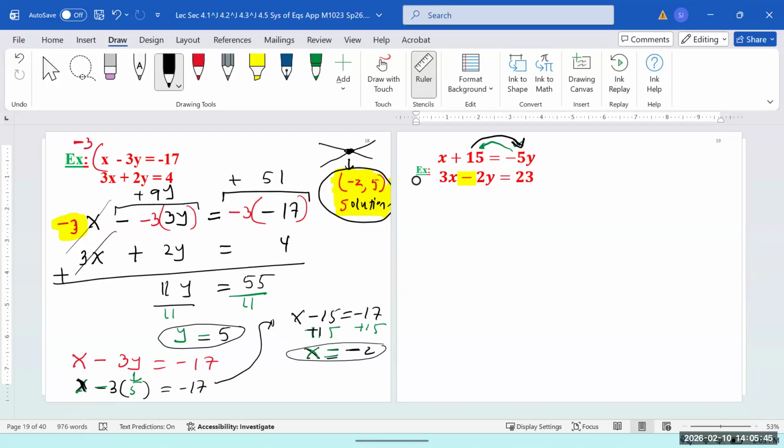Okay, so we have negative 3x minus 5y equals 45. And then we have 3x minus 2y equals 23. So they cancel out. Right, so you have plus 5y and then minus 15. Oh, no, sorry, never mind.